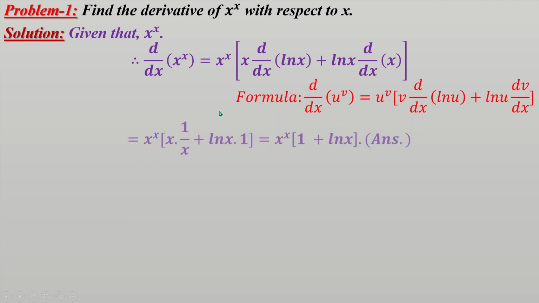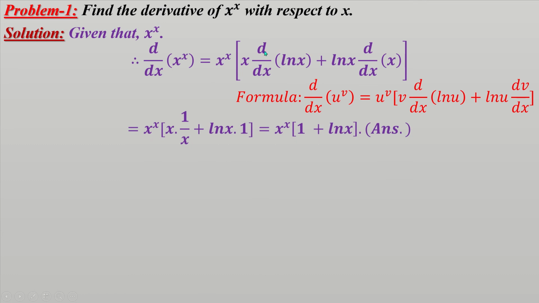Clear? Now this equals x to the power x, and here will be x into d/dx of ln x, which is 1 by x, plus ln x into 1. This equals x to the power x into 1 plus ln x.